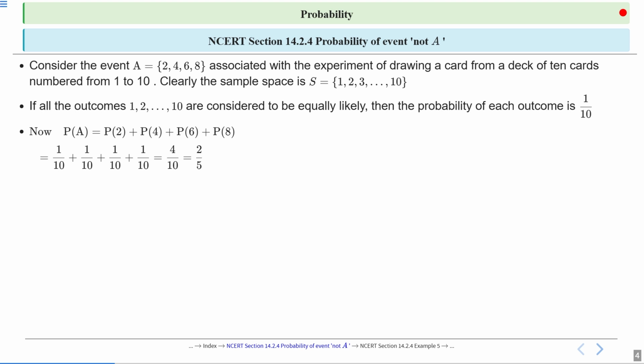If we simplify it, we get 2 over 5. So the probability of A is 2 over 5.